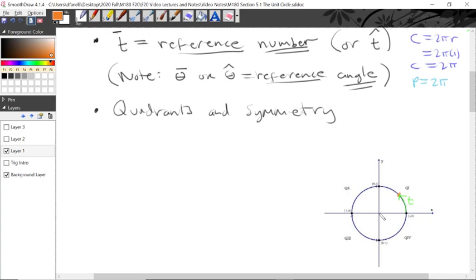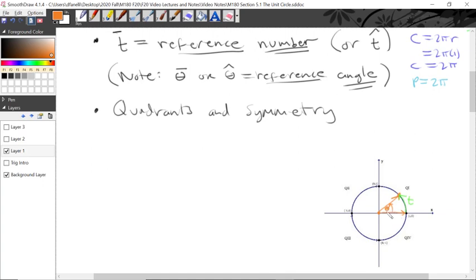If we were to envision that as an observer at the center of the circle looking outward, we would imagine rotating a ray or an arm from the positive x-axis through a measure of rotation until we are pointing towards the terminal point. The amount of rotation we have applied, we can call theta, an angular measure.